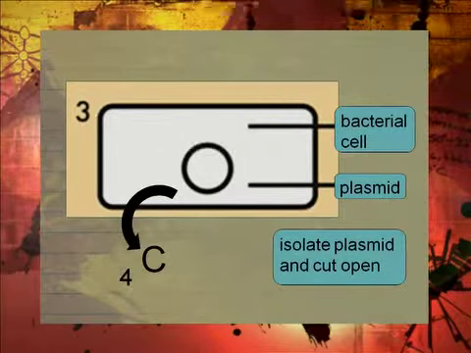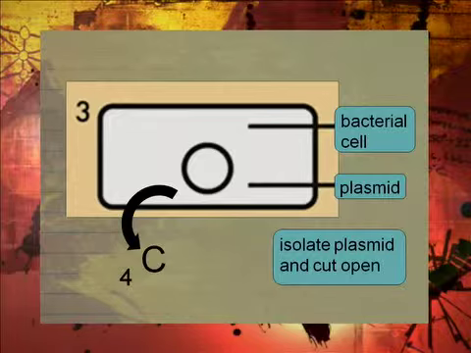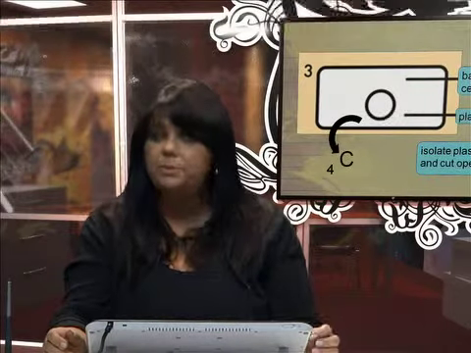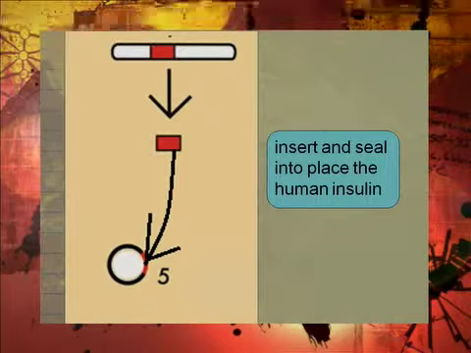And what we do is we isolate the plasmid. We can take the plasmid out of the bacterial cell, and using enzymes, we can cut it open. And taking it out of the cell would be step 3, and cutting it open would be step 4. We're then going to take that human gene and we're going to splice it in.